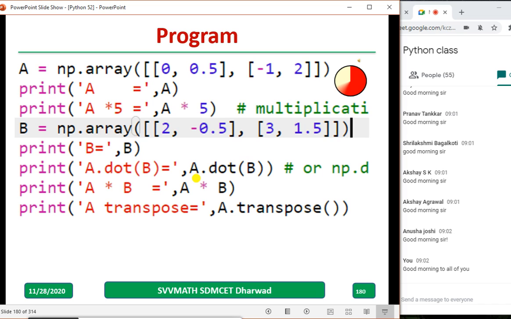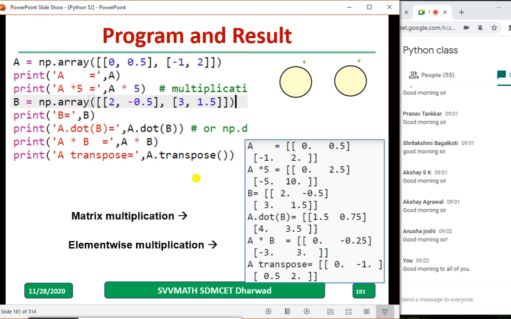Manually you can do it and check it: what I am getting using a function, and what I get when I do it manually. You can compare those two. I'll show you the result in the next slide.